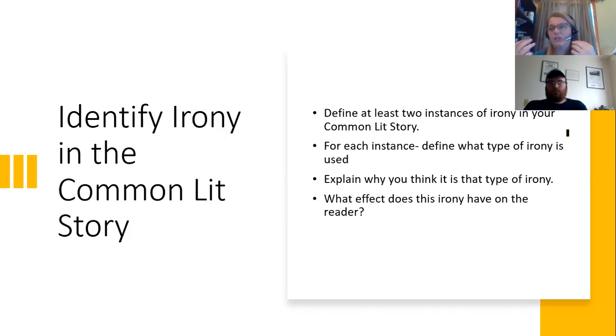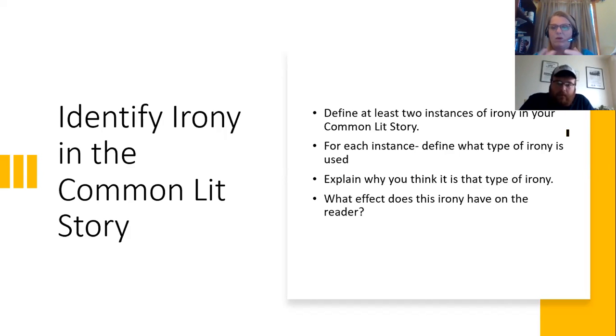Or why it's a twist in the story would be the explanation of why that was something unexpected. That might be if you're talking situational. Or if you're talking about how, well, actually they said this, but what they really meant was this, that would be when you're talking about verbal irony.